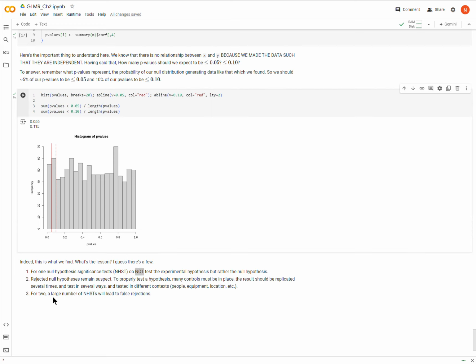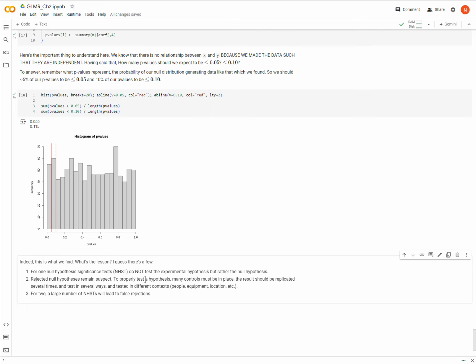Another thing is that when we have a rejected null hypothesis, in other words, we would maybe be encouraged to accept the alternative hypothesis, it remains contentious for a while. Just because we reject a null hypothesis, we should continue to be suspicious.